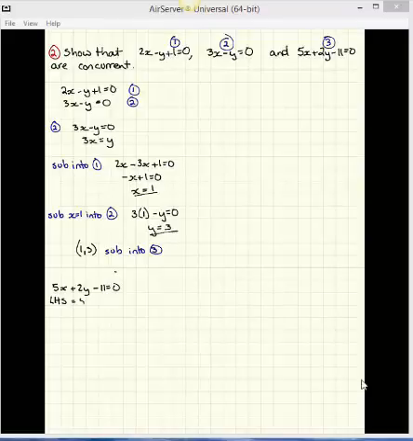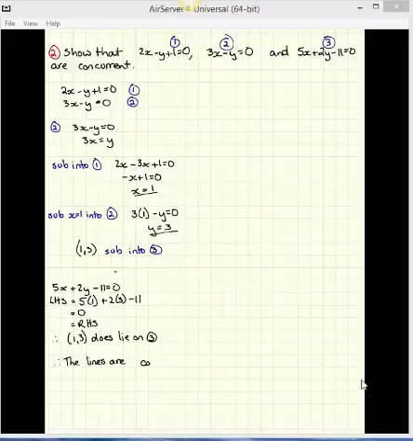So 5x + 2y - 11, so we get 5 times 1 plus 2 times 3, minus 11. So you work all that out, and that is equal to 0, which is equal to the right-hand side. So therefore, the point (1, 3) does lie on the line, and so therefore the lines are concurrent.